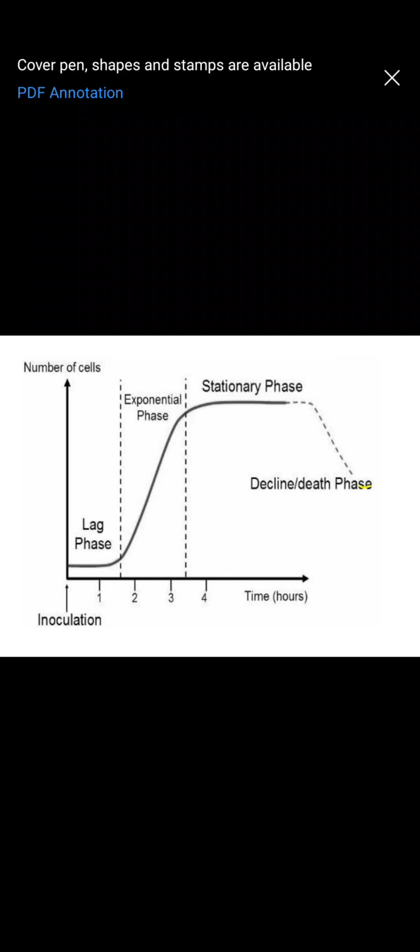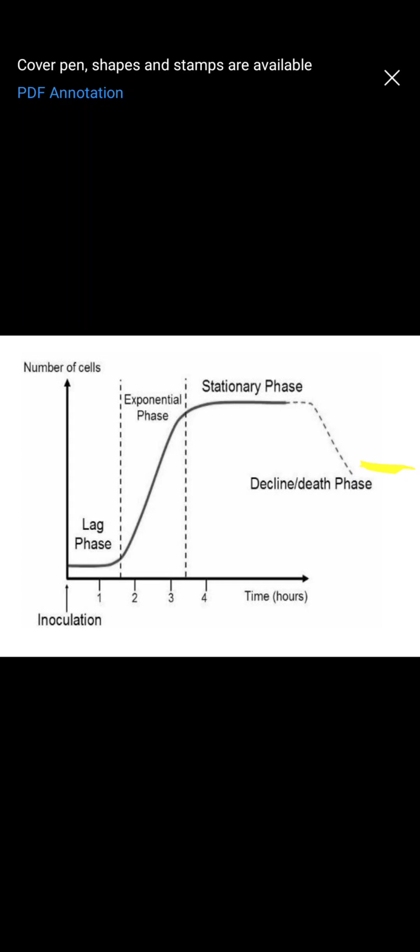Now another phase which is not shown here, that is after the death phase, there will be one constant phase which is represented like this in a horizontal way. That is, if there are some cells which can still survive in these extreme conditions without nutrition, if they are able to produce certain endospores under unfavorable conditions, those organisms will still survive.